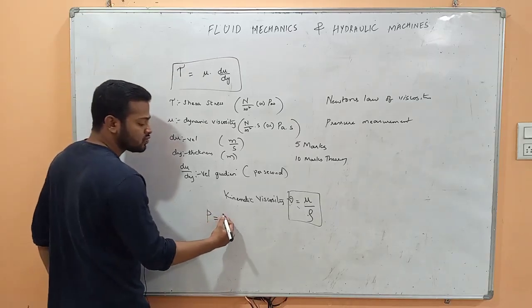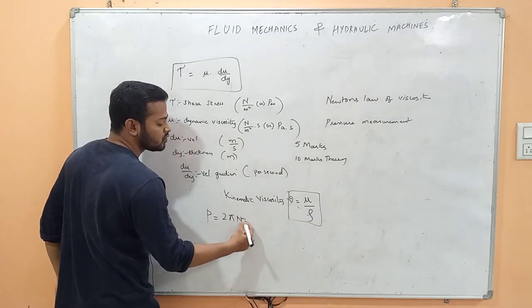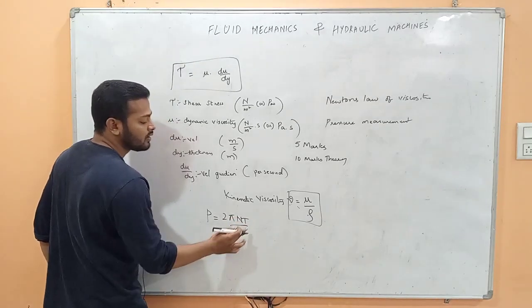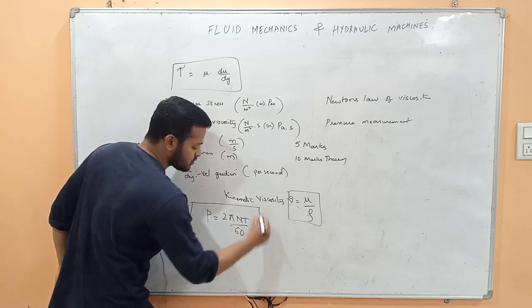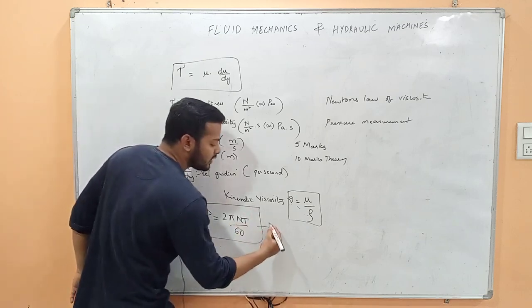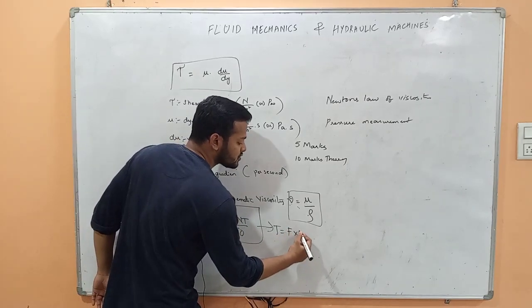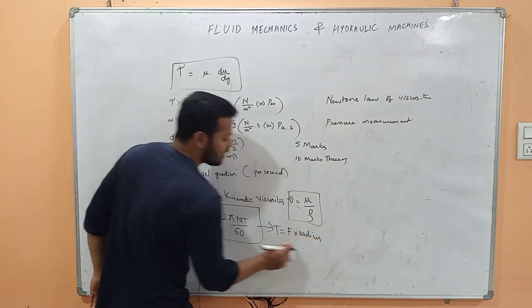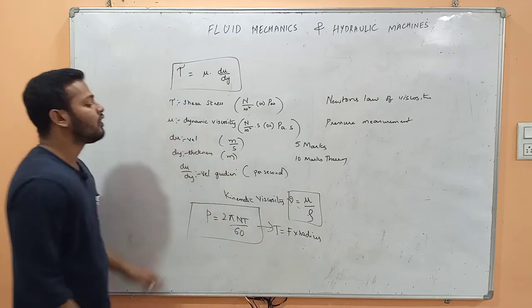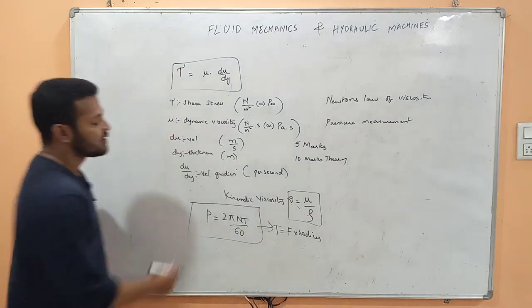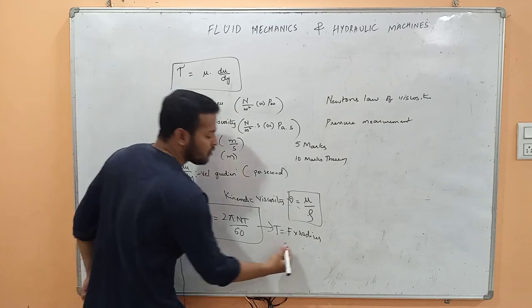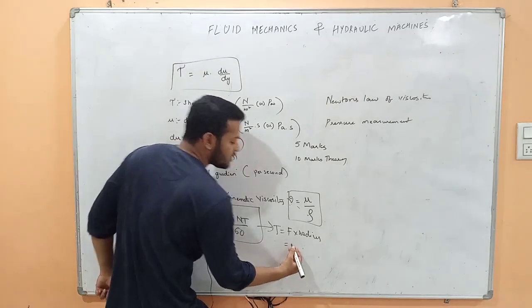So next, what else can be asked from this is he can ask you to find out power. Since you all know that power is equals to 2 pi NT by 60. Sometimes he can ask you to find out the value of torque. In this, torque is equals to force into radius, and this force can be found out by using the formula of shear stress, because this shear stress tau, what is tau?